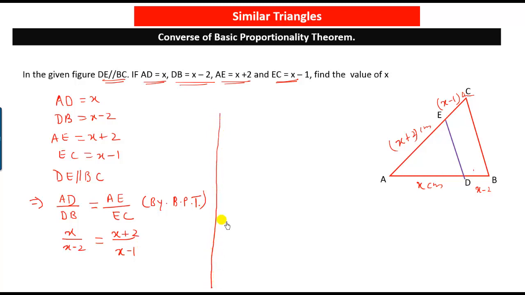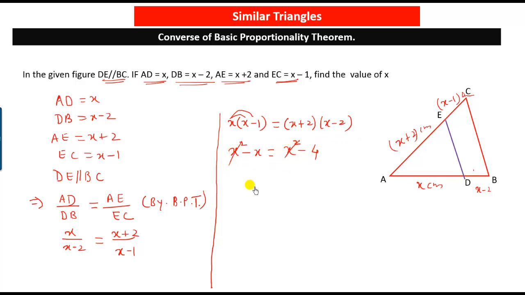Therefore we will solve this further. So cross multiply: x into bracket x minus 1 is equal to x plus 2 into x minus 2. So here multiply by x inside the bracket, so x square minus x is equal to here a plus b into a minus b, and therefore it will be a square minus b square, so it will be x square minus 4.